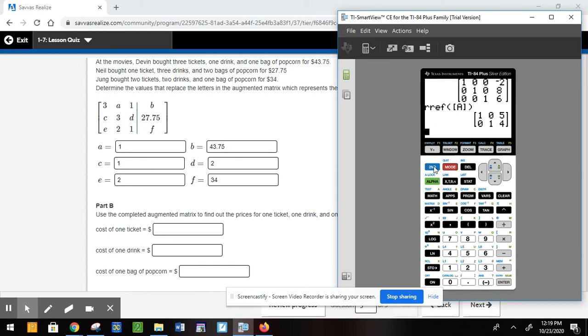And we'll just quit out of that, do the same exact function, and it gives us our answers. So that means that the cost of a ticket is $12.50, the cost of a drink is $2.75, and the cost of popcorn is $3.50.